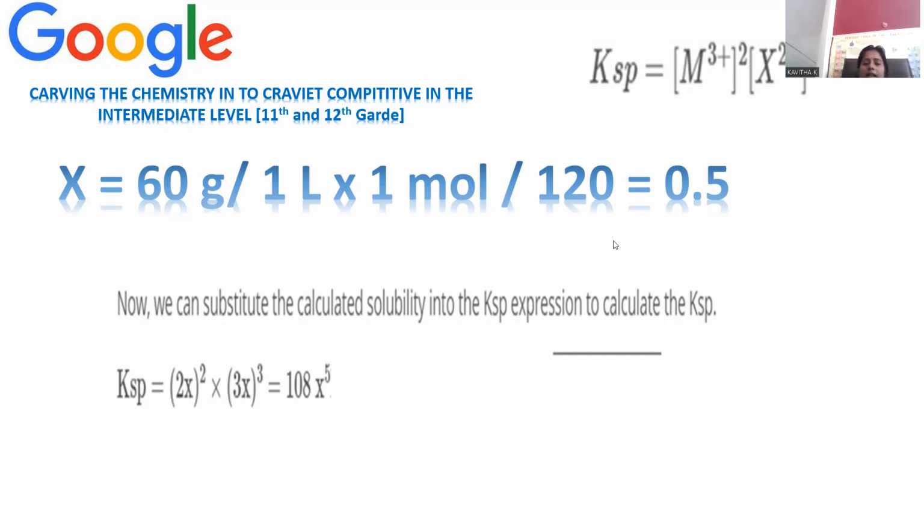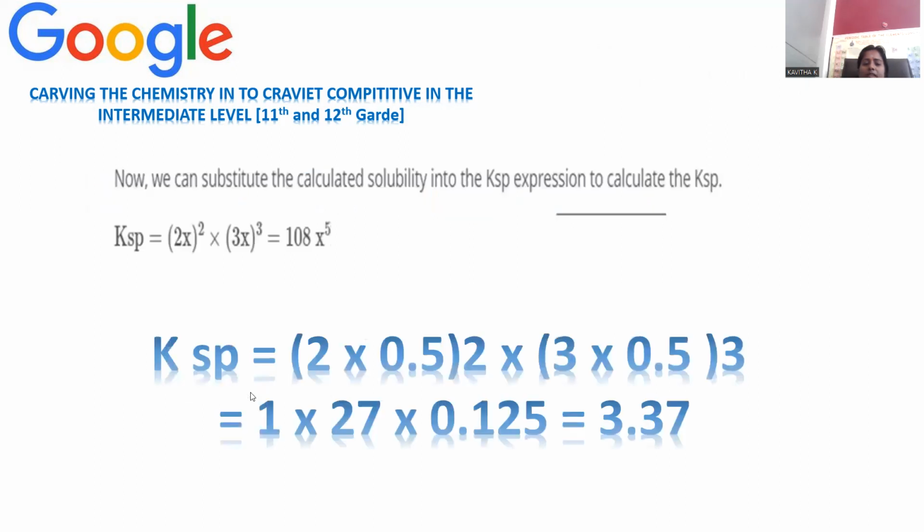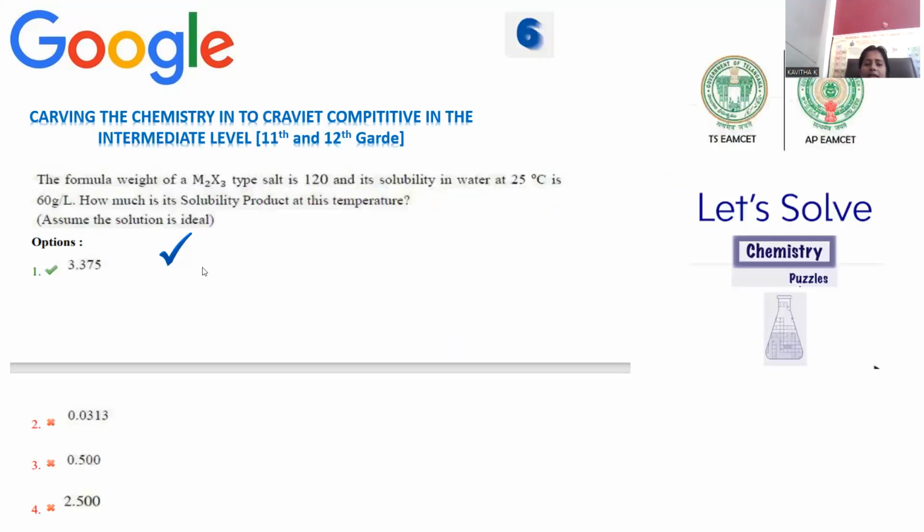X value is known to you, X is taken as 0.5, no? If you substitute, 2 into 0.5 whole to the power 2 and 3 into 0.5 whole to the power 3, and calculate, the KSP, the solubility product constant, is calculated as 3.37. 3.37 is the correct answer, which is given in option number 1.